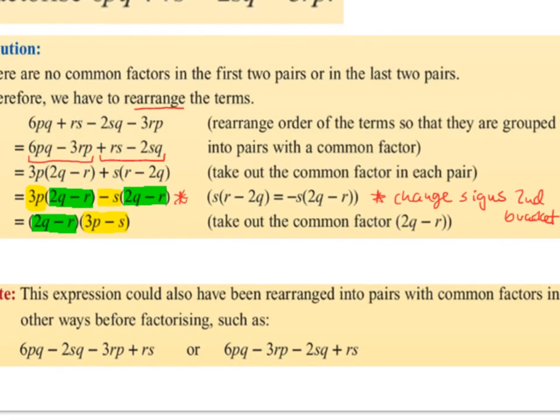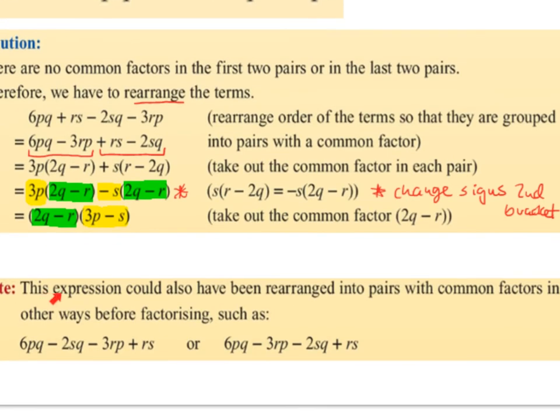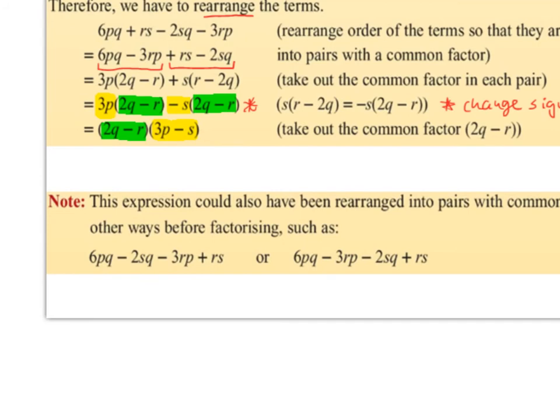Important to note, this expression, what we started off with, could have been rearranged into pairs with common factors in other ways before factorizing, such as 6pq minus 2sq minus 3rp plus rs. So factorising the first two, our highest common factor would have been 2q.